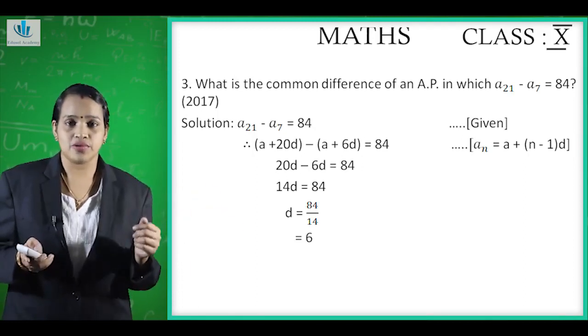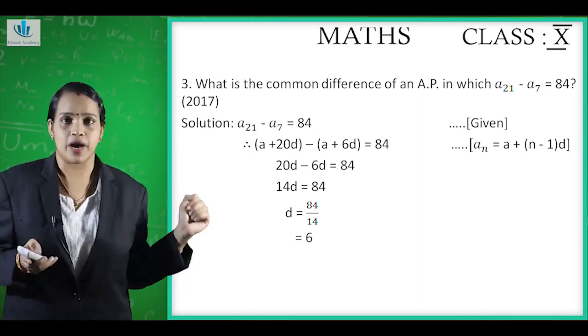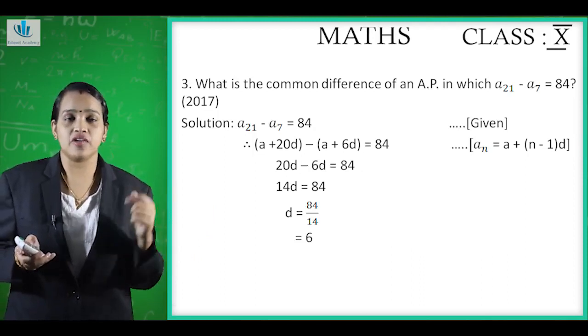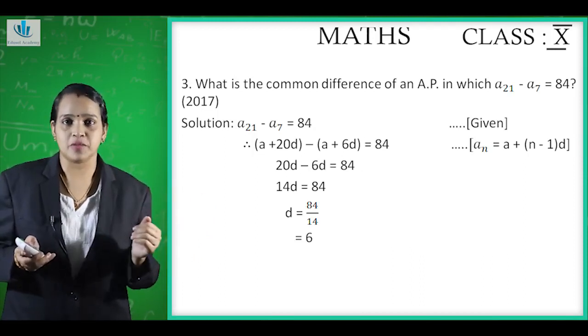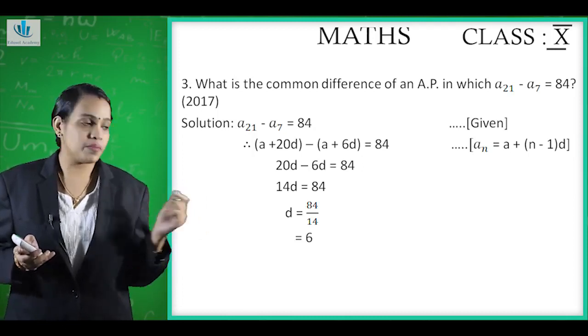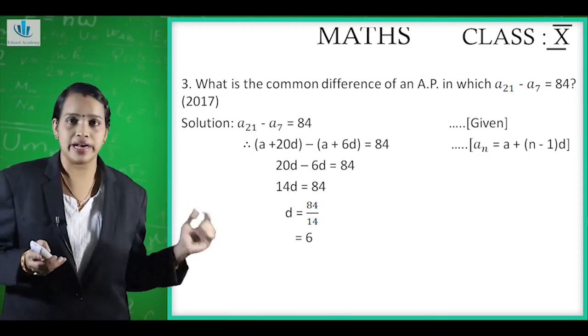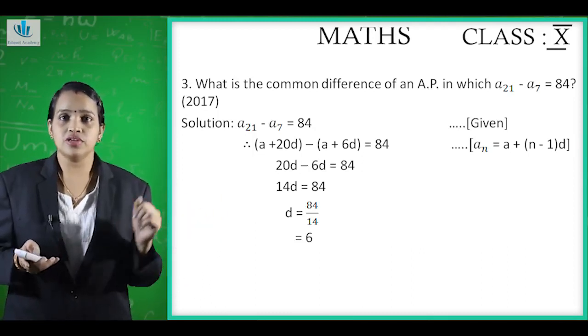The formula you know, AN is equal to A plus N minus 1 into D. So A21 will be A plus 20D, minus A7, which will be A plus 6D, which is equal to 84.